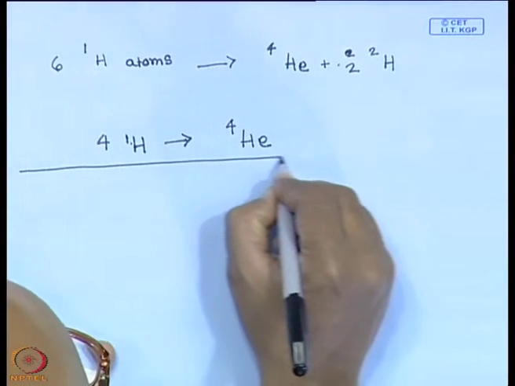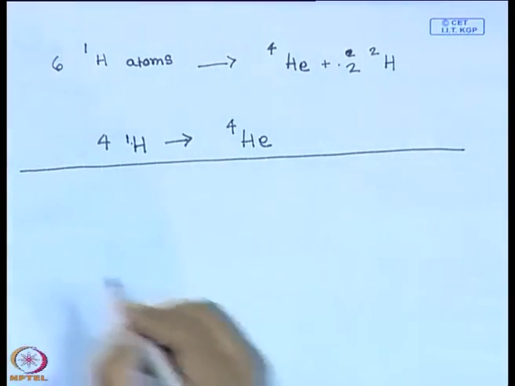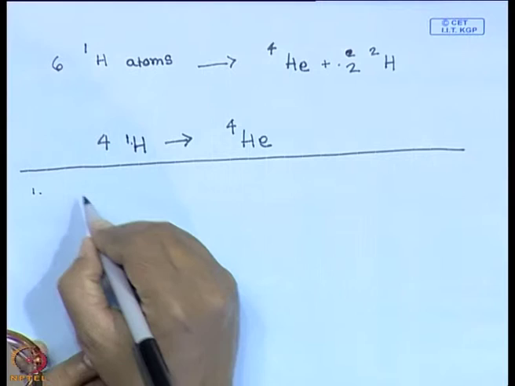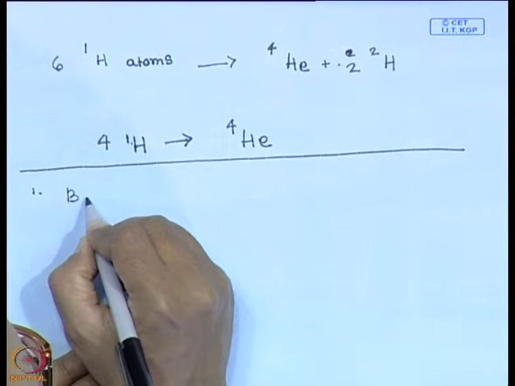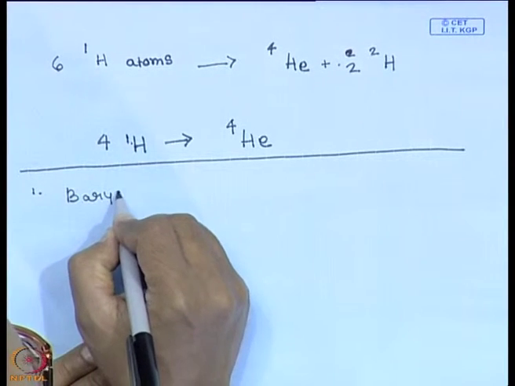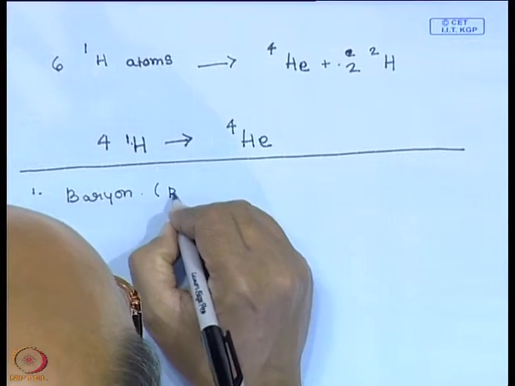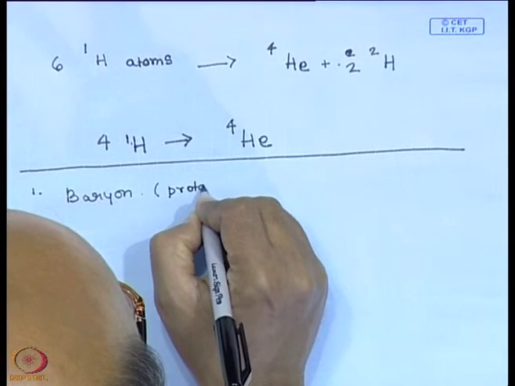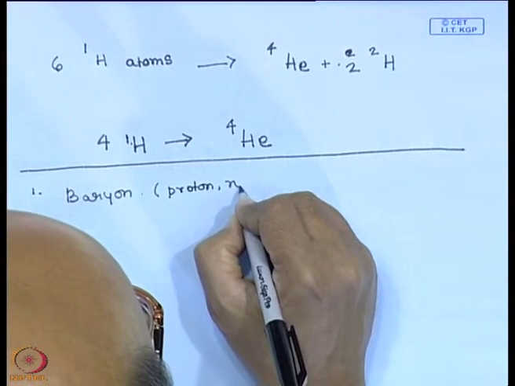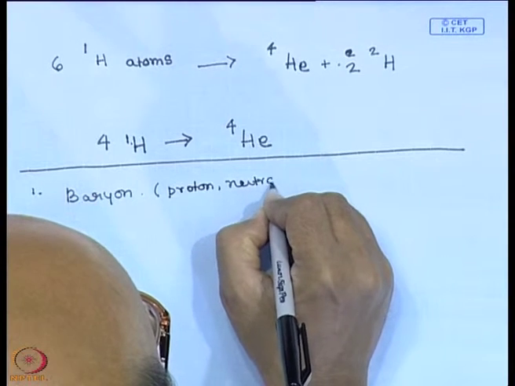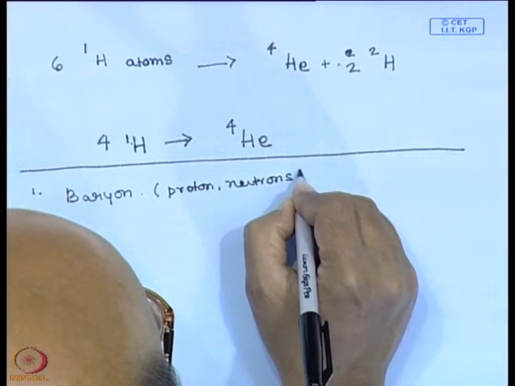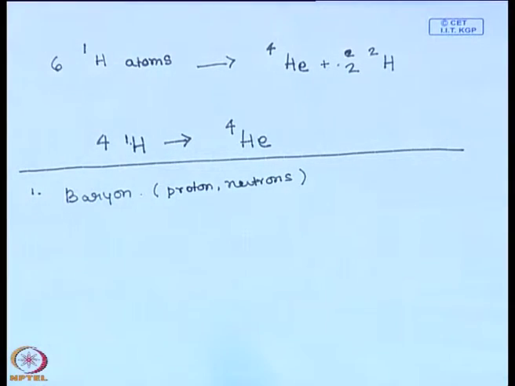There are 4 relevant conservation laws. The first one is the conservation of the baryon number, and by baryons we mean protons, okay, neutrons, these are baryons. So, let us see if this is conserved.